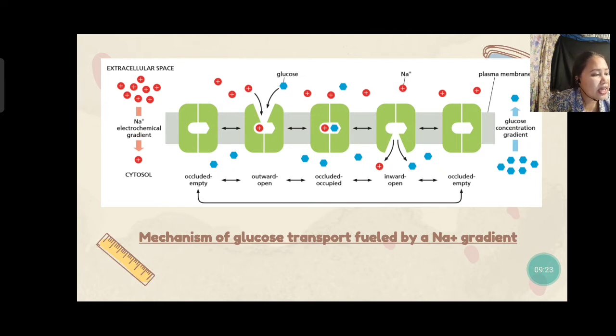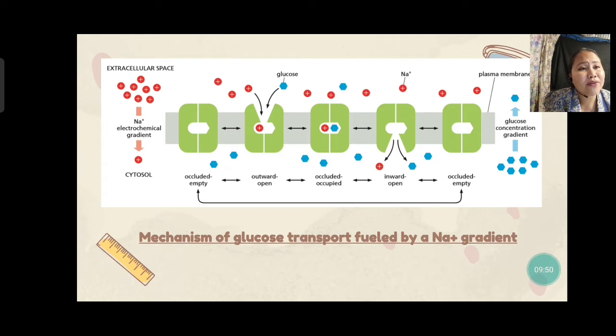The binding of the sodium ion and the glucose is cooperative, so the binding of either solute increases the protein's affinity for the other. Since the sodium ion concentration is much higher in the extracellular space than in the cytosol, glucose is more likely to bind to the transporter in the inward facing state.